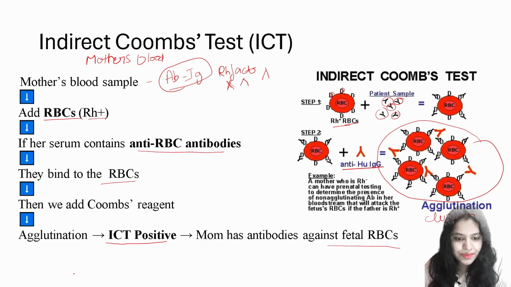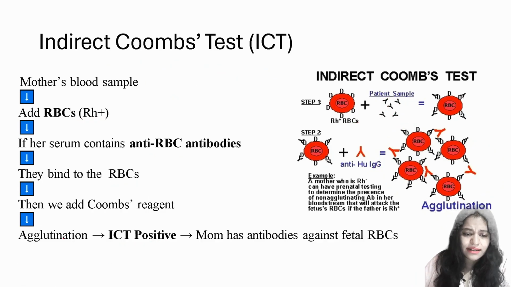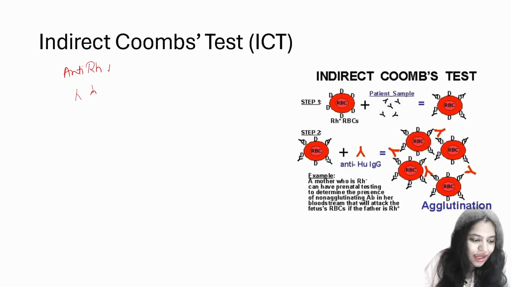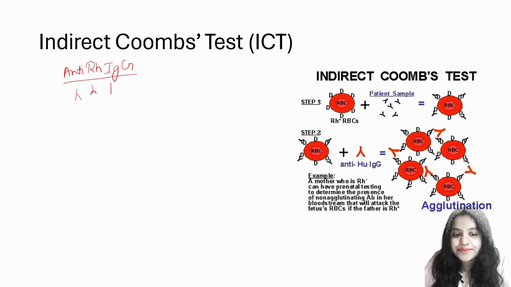Clear till now? Now, before we move ahead, let's understand one more point here. This anti-Rh IgG is in the mother's blood. It binds to the fetal RBC containing the Rh factor.